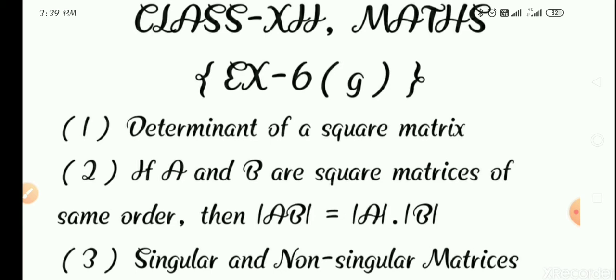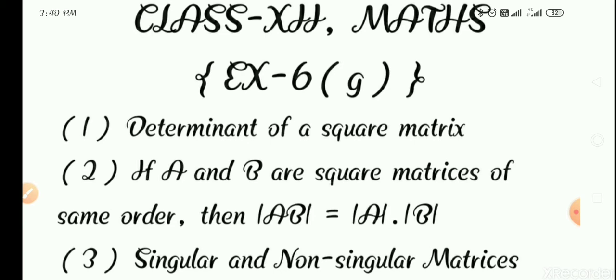Next point is, if A and B are square matrices of the same order, then determinant of AB equals determinant of A multiplied by determinant of B. This is the property. A and B should both be of order 2, or both of order 3, or both of order 4, and so on.